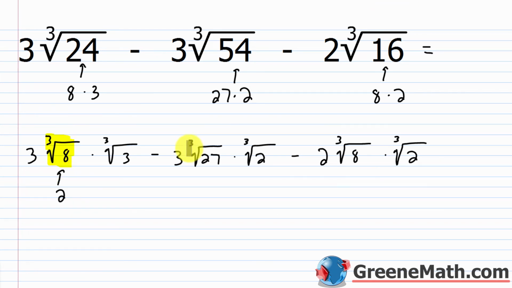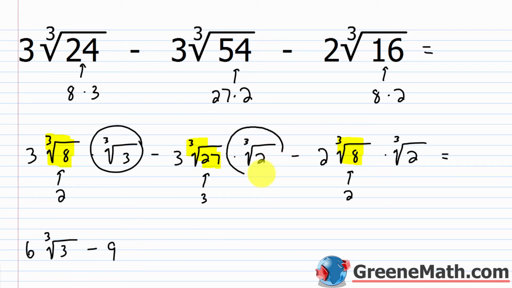We know that this would simplify right here, it would be 3. And again, we know that this would simplify, it would be 2. So let's go through and crank this out. 3 times 2 would be 6. So you would have 6 times this cube root of 3. Then minus. 3 times 3 is 9 times this cube root of 2. Then minus. You'd have 2 times 2, which is 4, times the cube root of 2.